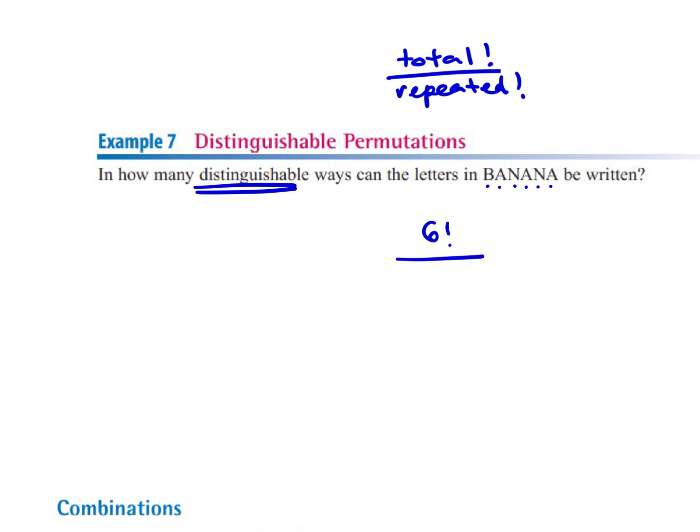Then we want to look and see what's repeating. Does B repeat? No. What about A? How many A's do we have? So I'm going to divide it by 3 factorial. And then what about N? How many N's do we have? 2. So I also need to divide it by 2 factorial. So anything that's repeating, we divide it by that factorial.